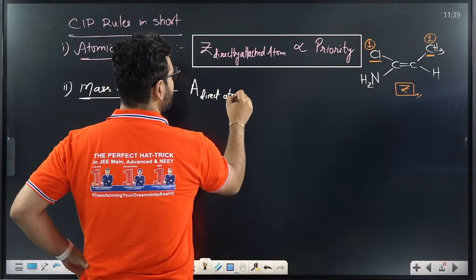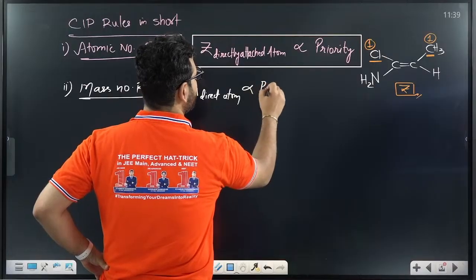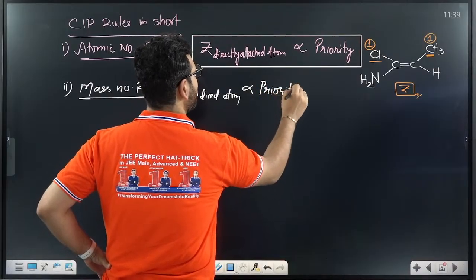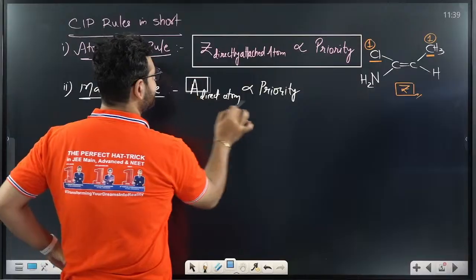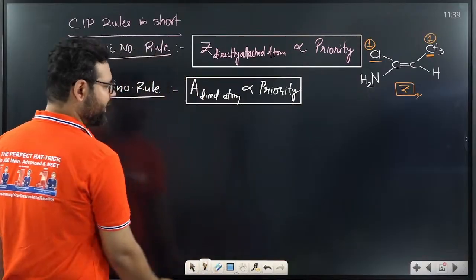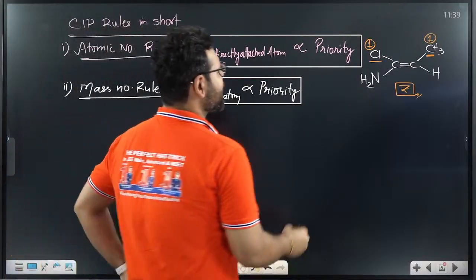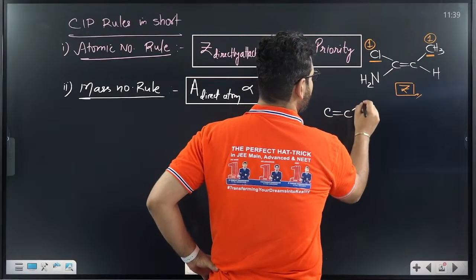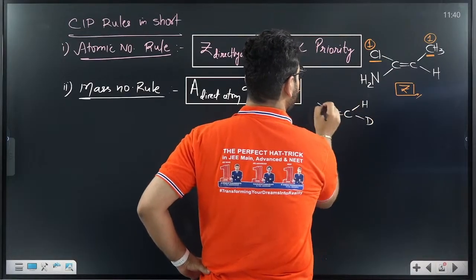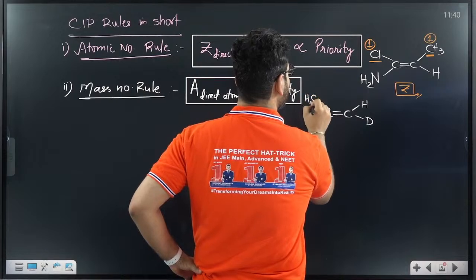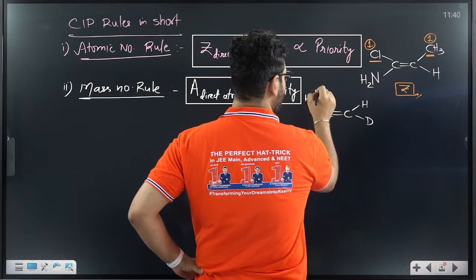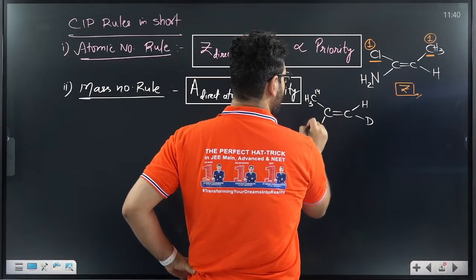Mass number of the directly attached atom is directly proportional to priority. For example, if I have carbon double bond carbon, here hydrogen, here deuterium, here CH3 with a carbon 14, and here COOH.